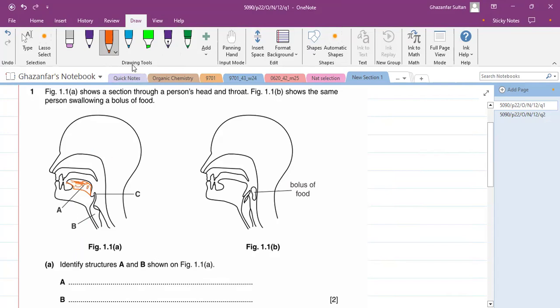So A is tongue, and the structure that is here, it is a pipe, start of the trachea, and this start of the trachea, it controls the sound, and its name is larynx.